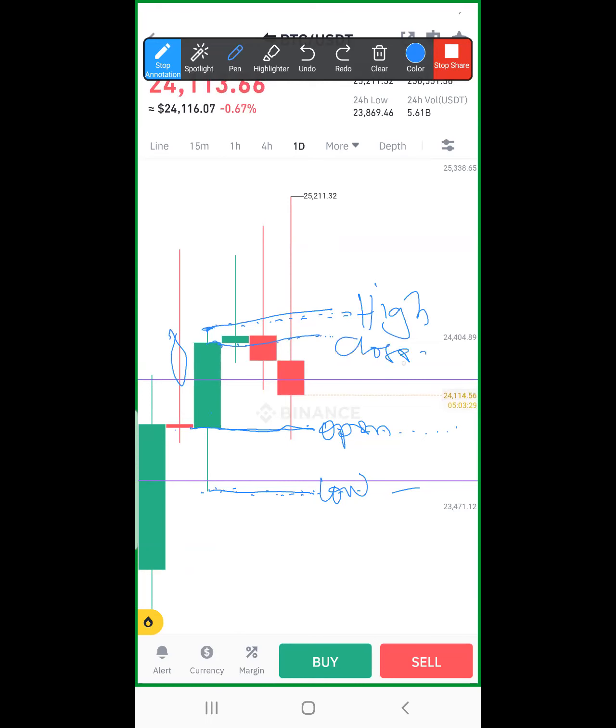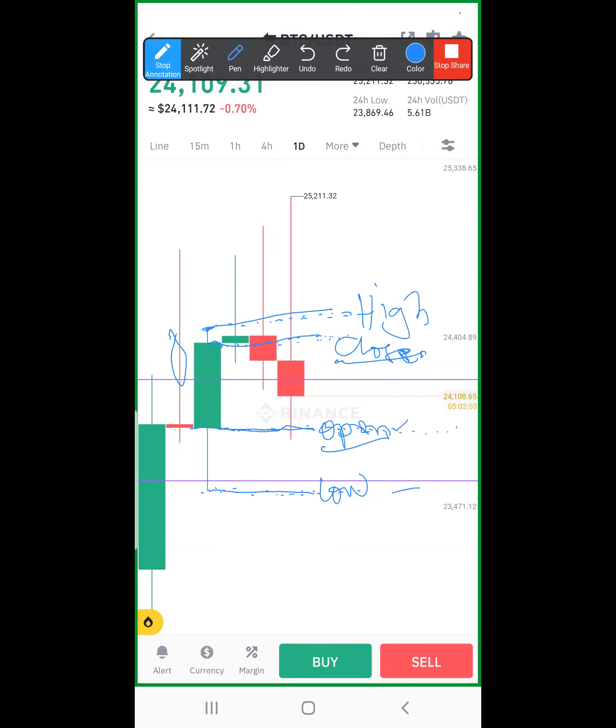Now watch closely. On that day, we started the day at this price, but we ended the day when the price of Bitcoin was at that level. That means the open was higher than the close. So we generalize that day, that day the price moved up.